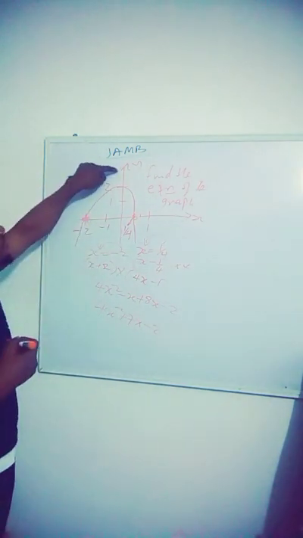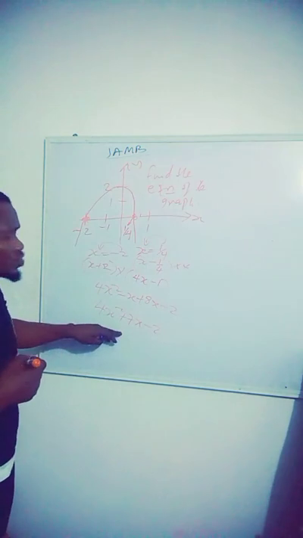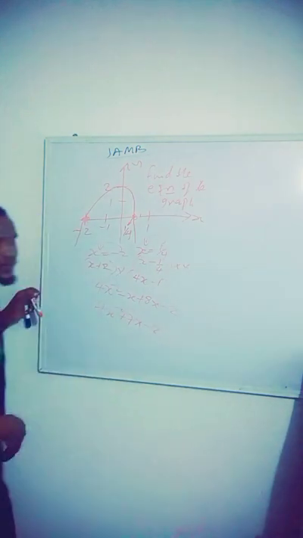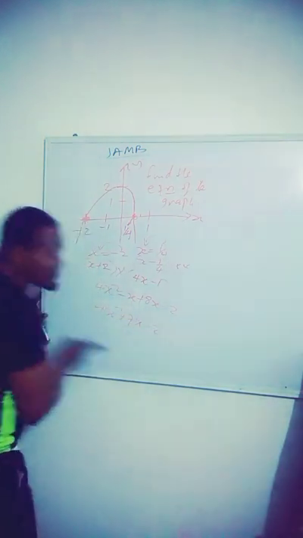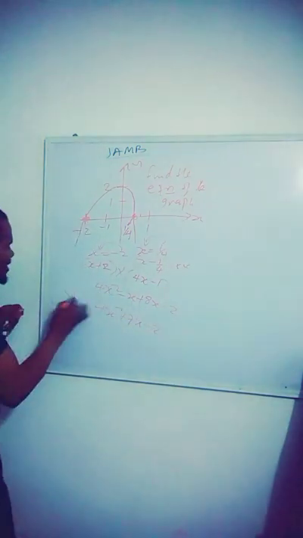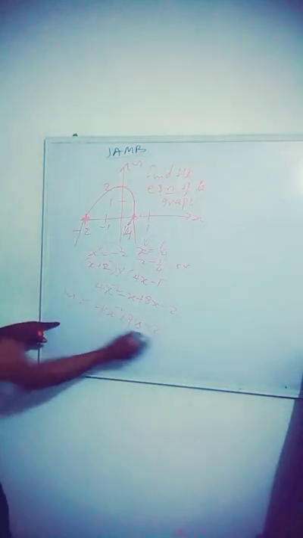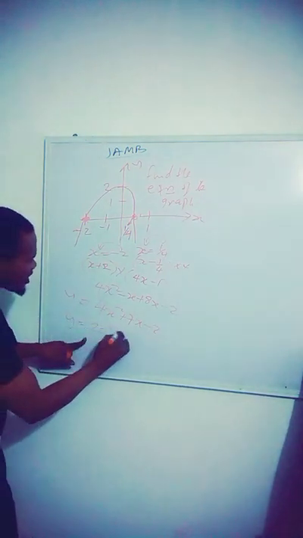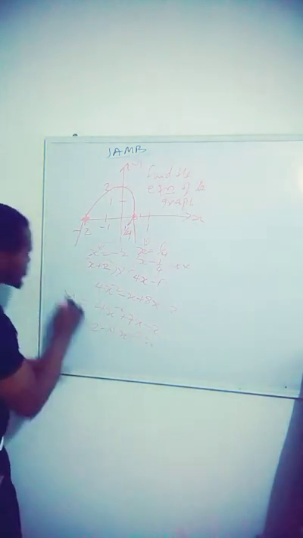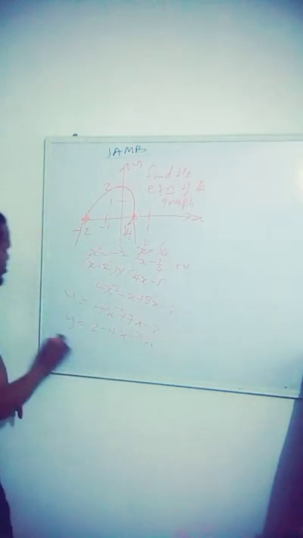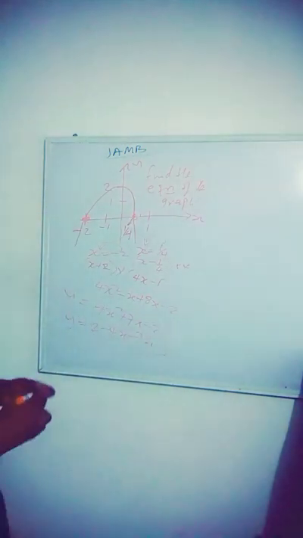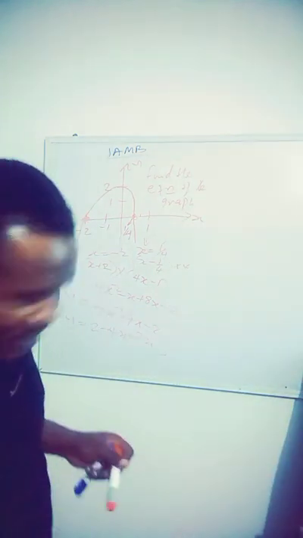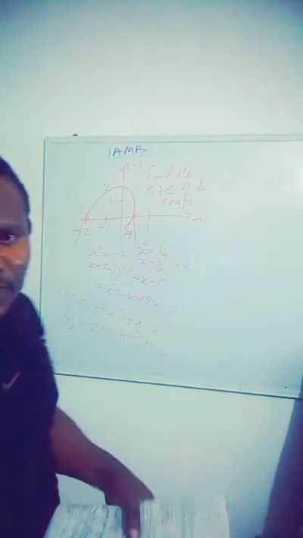You can say y equals to everything you are seeing here. So y equals 4x squared plus 7x minus 2. That is the answer. So we move to the next question.